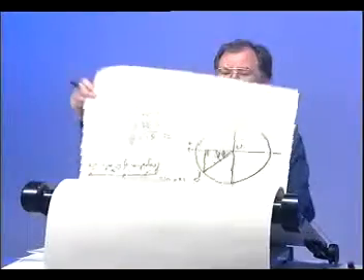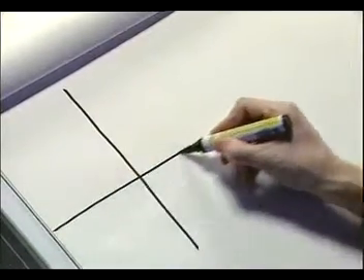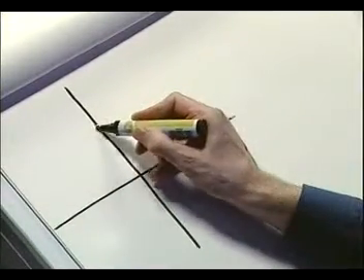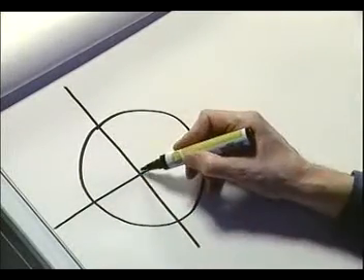But what does the graph of tangent look like? It's a little bit trickier to draw. Let's see if we can justify what we're going to get.